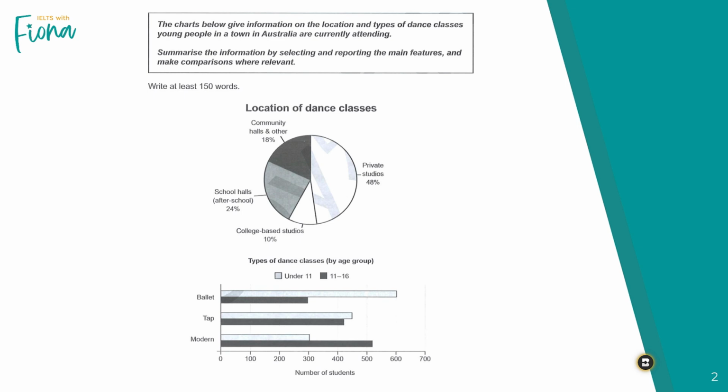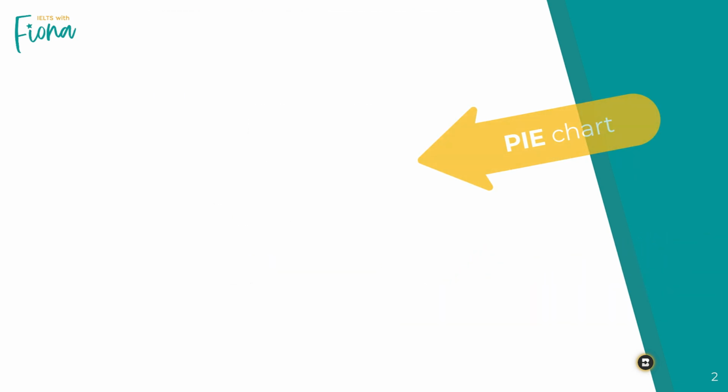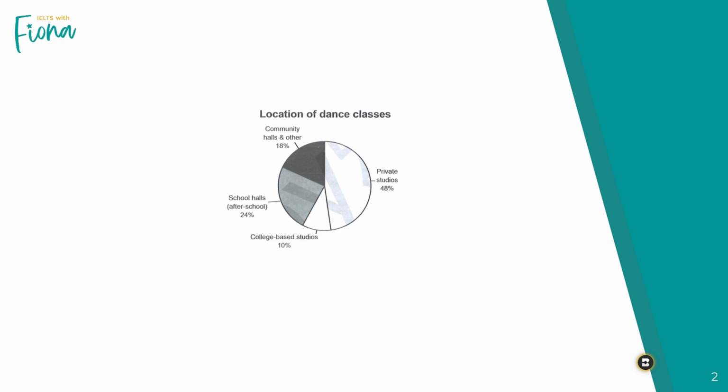Because it's a mixed chart, there's one pie chart and one bar chart. And we're going to focus on the pie chart today because that's the one that caused the most problems.